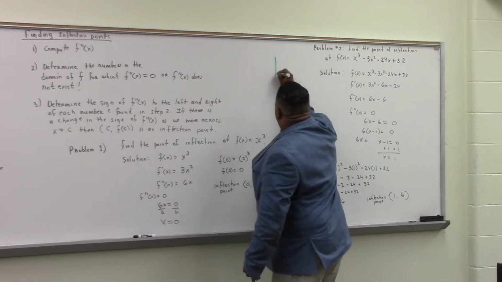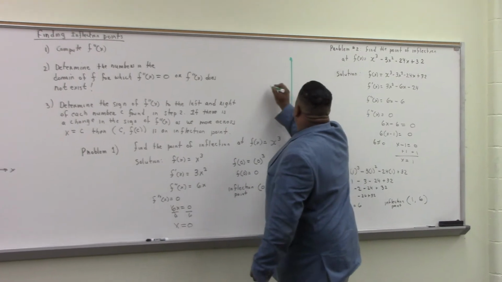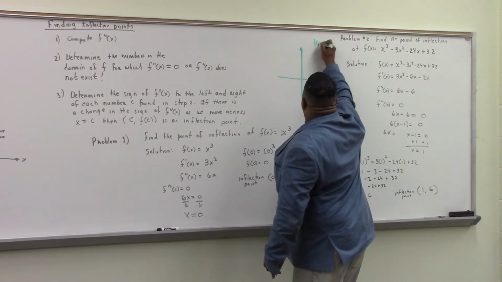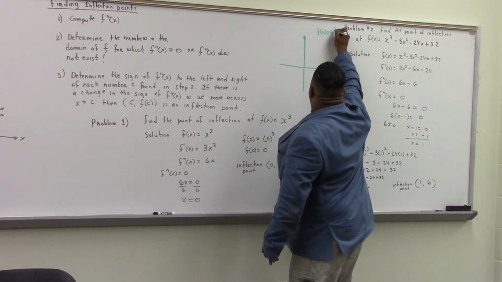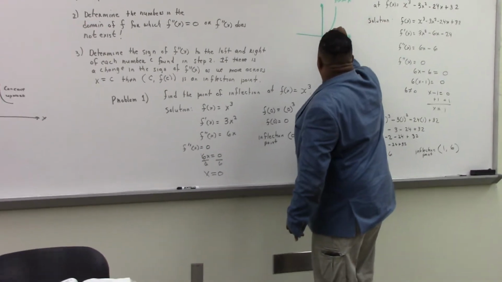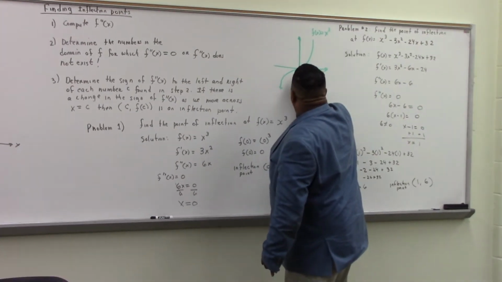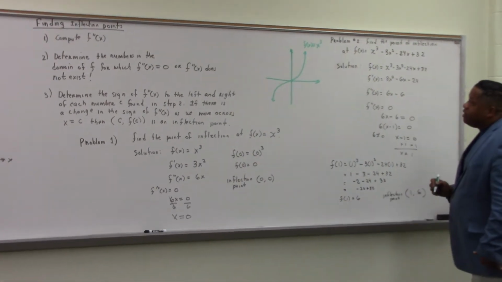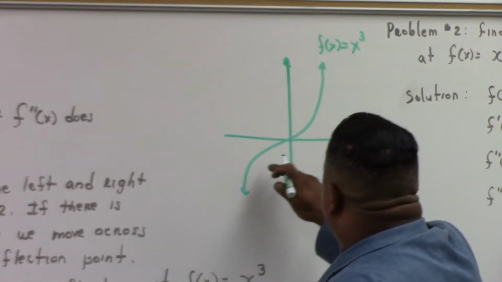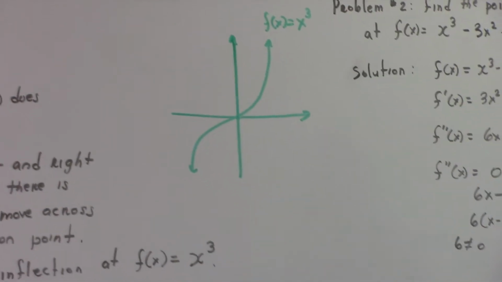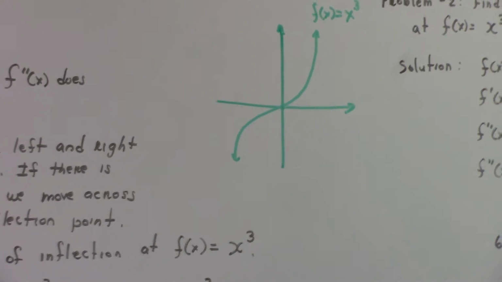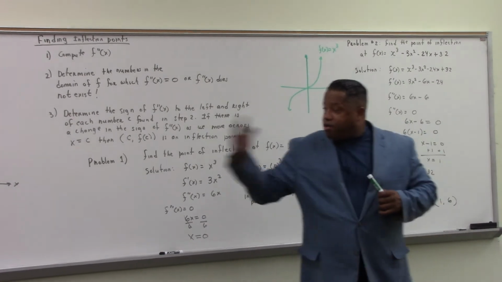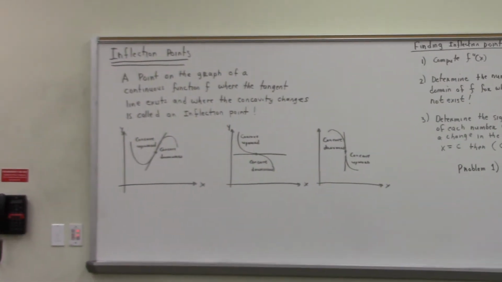Remember your library of functions from pre-calc and those algebra courses? f of x equals x cubed looks something like this. That's where our inflection point is. This is concave upward and this is concave downward, as you see in the typical examples on the board to my right and to your left.